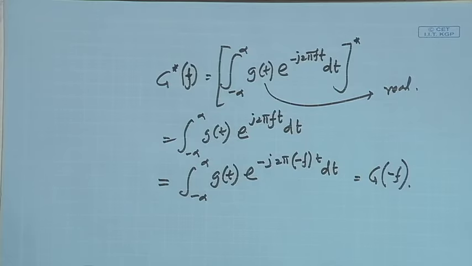So, basically it says that the amplitude spectrum will be even symmetric, and if G(f) is complex, the phase spectrum will always have odd symmetry, because the complex conjugate just negates the phase.